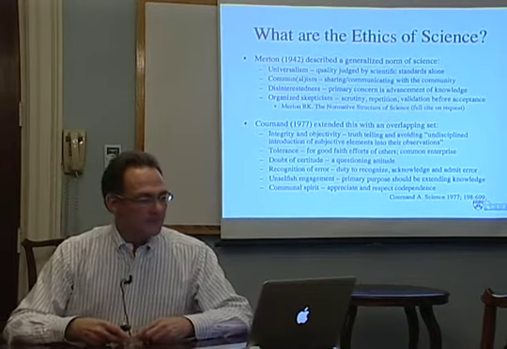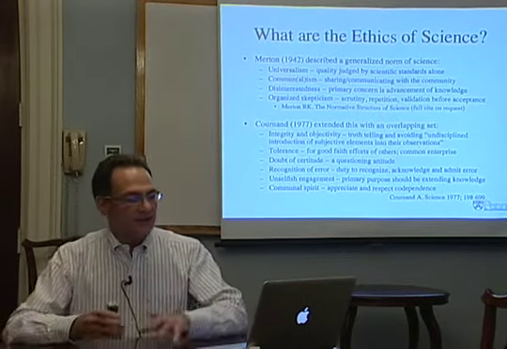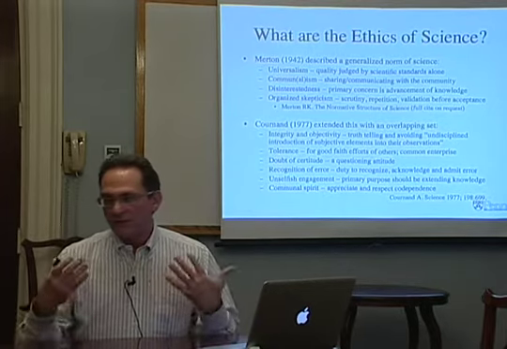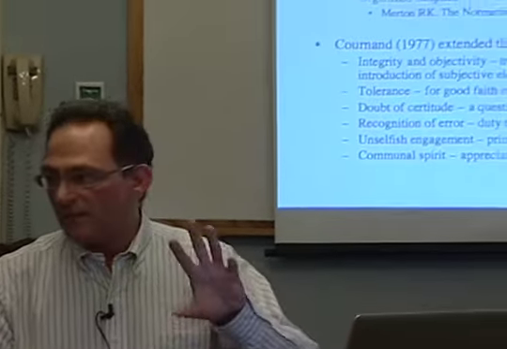This has been built on, critiqued and criticized, and it still has some value, because you think about these norms and they have a lot of value for what science is trying to do. Science is trying to reveal the truth about the world around us. I just put down a later embodiment of Merton's work by Conundrum. He extended this, you see the overlapping set here, but he says there's integrity and objectivity.